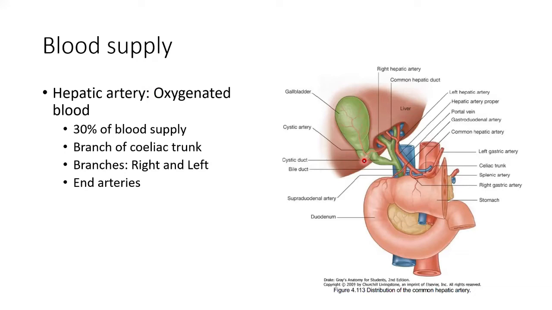It's rich in oxygen, and it is the source of 30% of the blood supply to the liver. At the porta hepatis, it divides into two: the right hepatic branch and the left hepatic branch. And these are usually end arteries, and they don't have anastomosis within the liver.